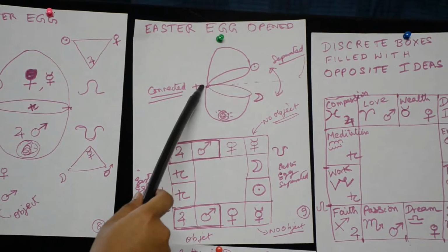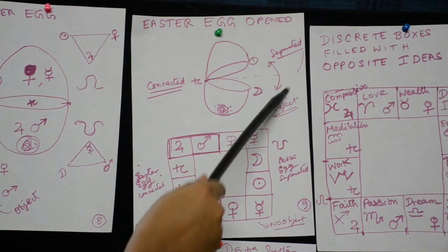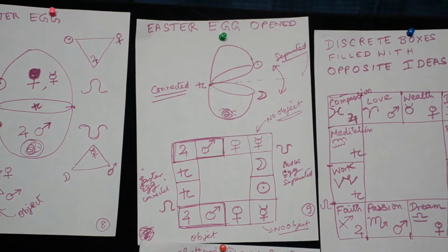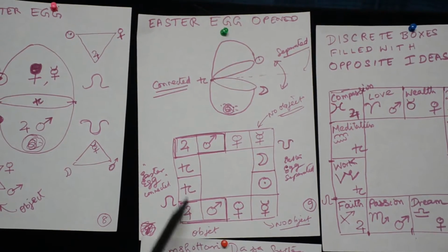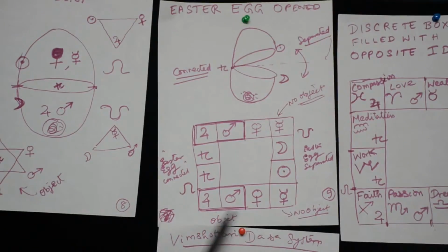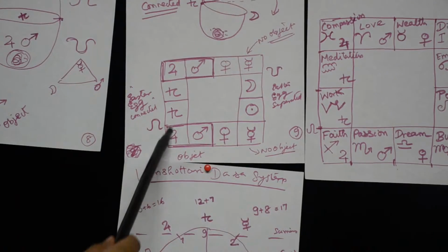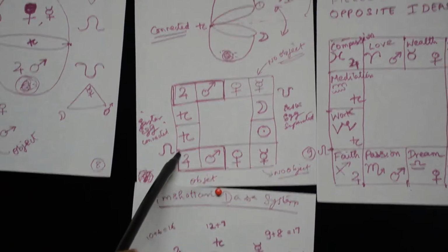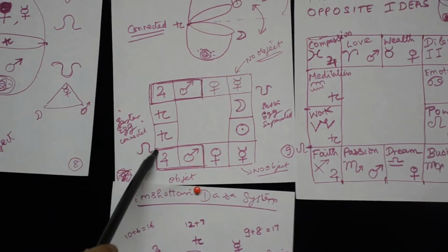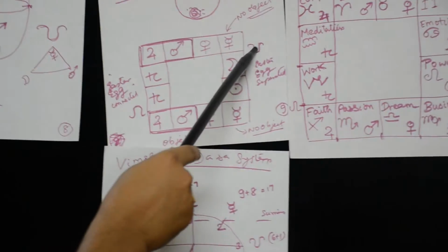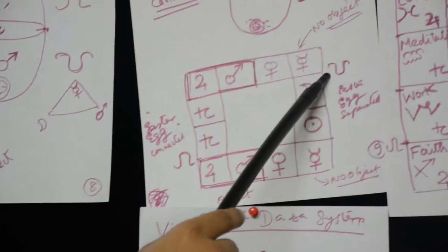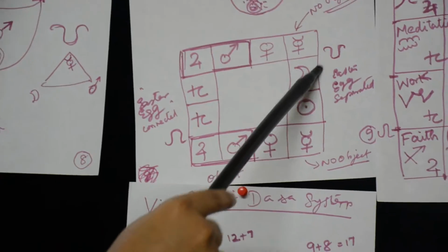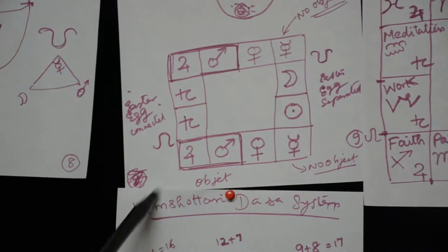So it is connected in one way but separated on the other side. So here we are trying to draw the so-called common zodiac symbol, wherein we started from pot upside down to upright, and from upright we ended up being upside down.